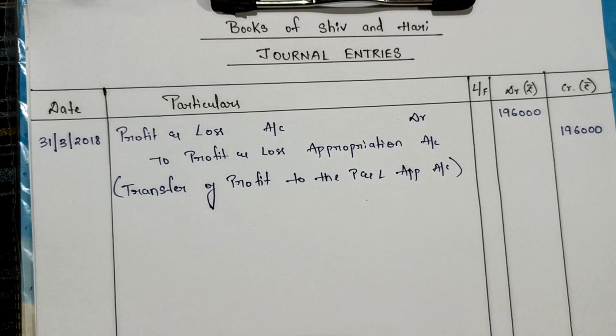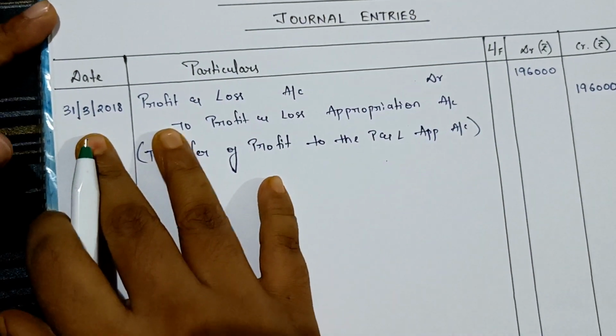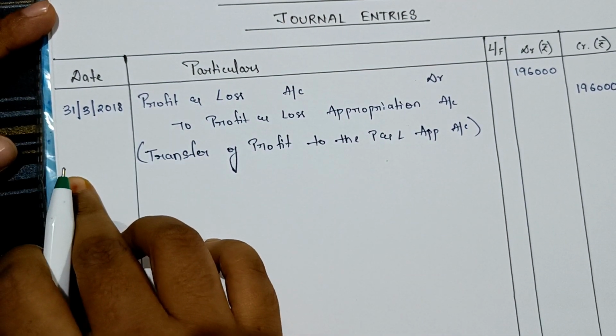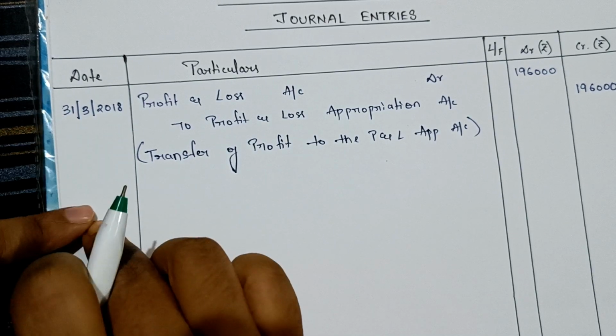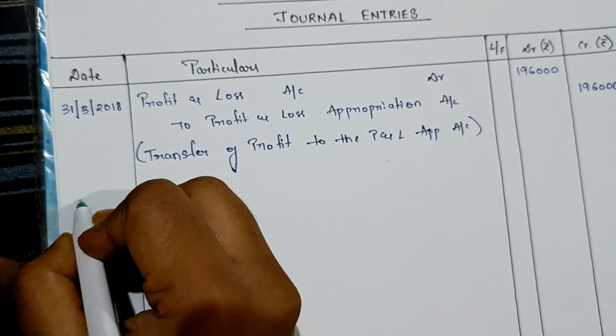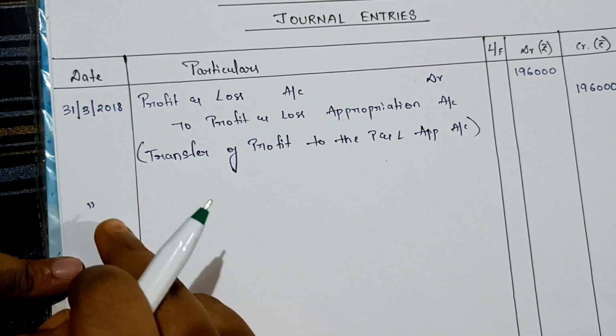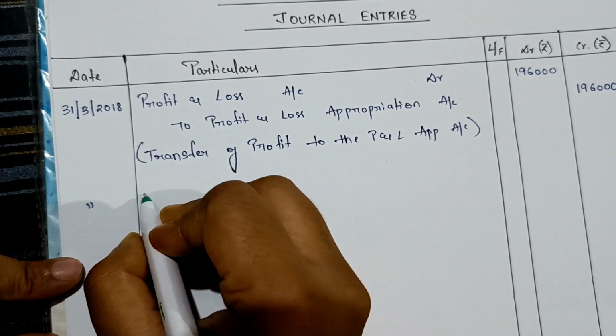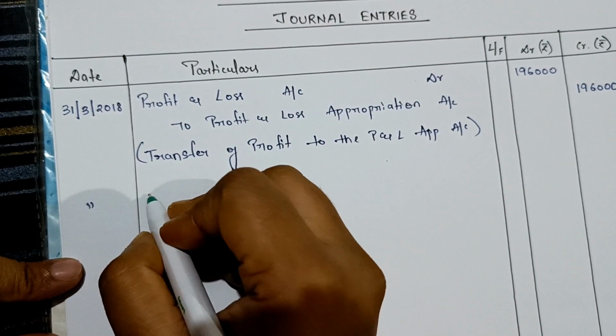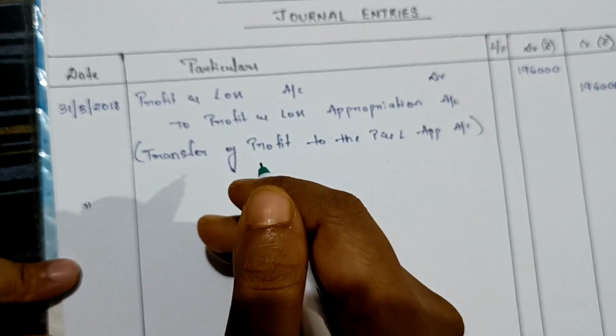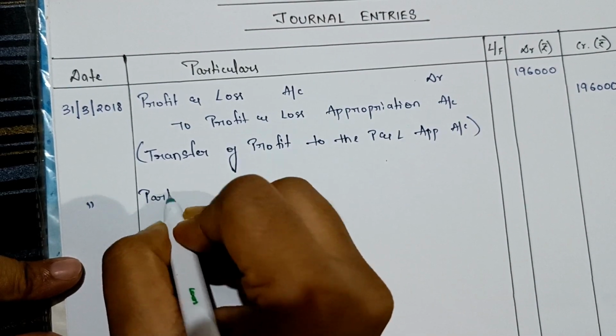Okay, so let's post. As they have not mentioned the date, we will assume the same date for the salary also. So here I am using this symbol for the same date. The posting will be partner salary to each partner.